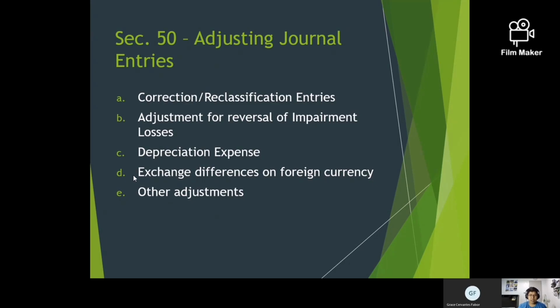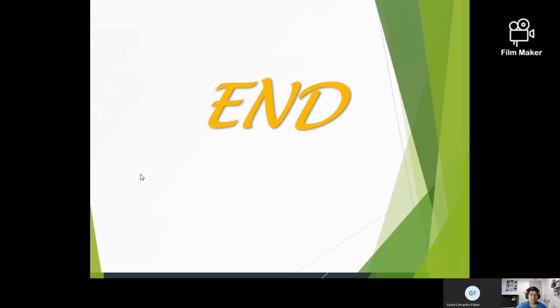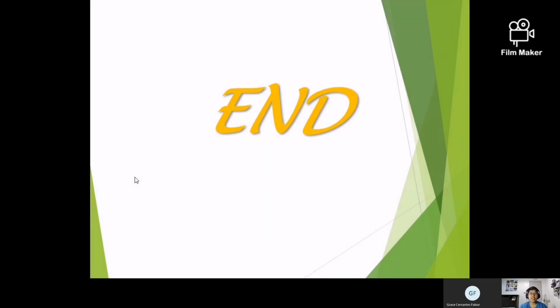So, for this chapter, that ends our chapter. So, yan yung sinasabi nating government accounting process from the appropriation up to FS presentation.